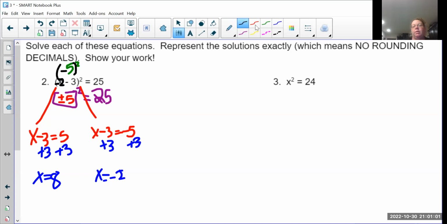All right, looking at number 3. This is part of the last lesson we did, lesson 15, right before we started getting ready for this quiz. So our brain should tell us that there is no number that when we multiply it by itself is 24. So if we wanted to double check, we could use our calculator and ask, what's the square root of 24?